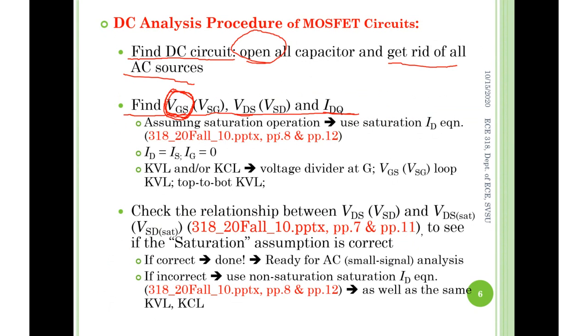N channel. This is for P. Same thing here. VGS is for N, VSG is for P. ID, of course, is the same for both. So keep in mind you're looking for these 3 things.